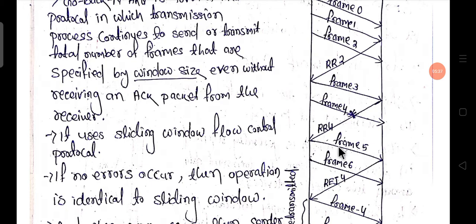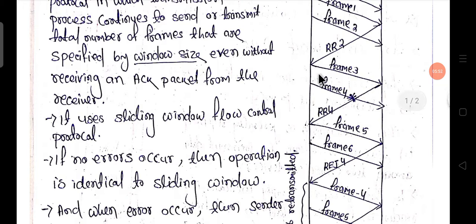After frame 5 is transmitted, one reject, or negative acknowledgement, REJ 4, is given to the sender, because frame 4 is in error. So after transmission of frames 3, 4, 5, 6, one reject or negative acknowledgement is given.